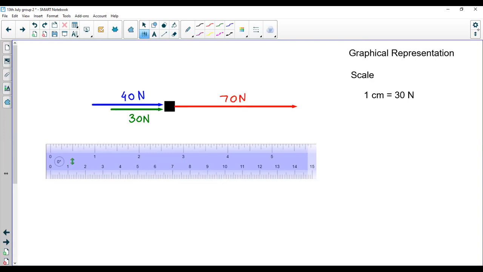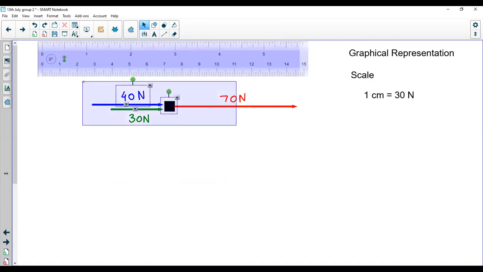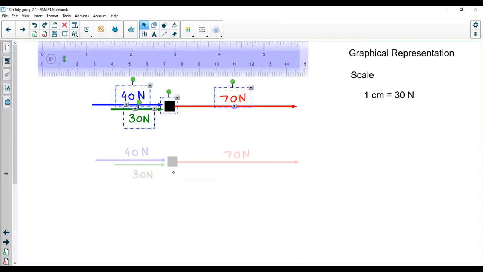But we have the same object and we are going to apply the same forces, but in opposite directions. We push it with a 30 Newton to the right, and with 40 Newton, we push it to the left.